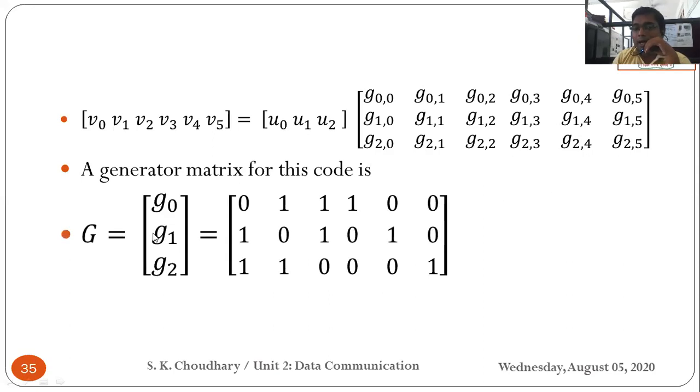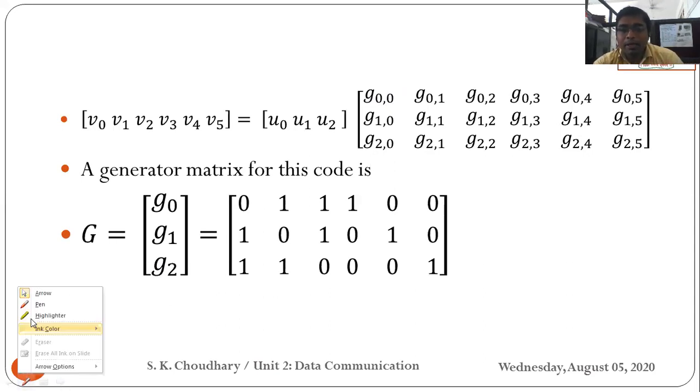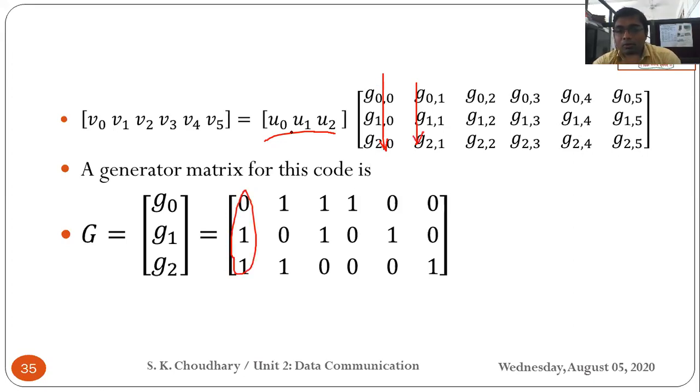Now from this formula, we have to find the generator matrix values, the position of each one. G00 means what? We have defined that here. When you multiply, you multiply U0, U1 and U2 with the first row in this direction, then the second row like this, and so on. How do you reach this conclusion?